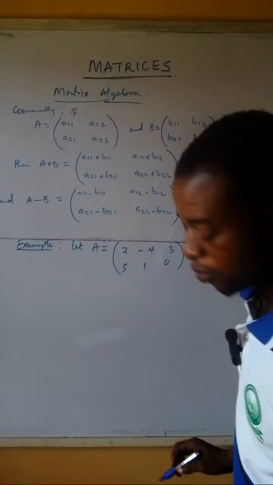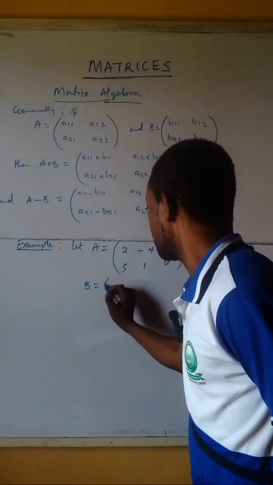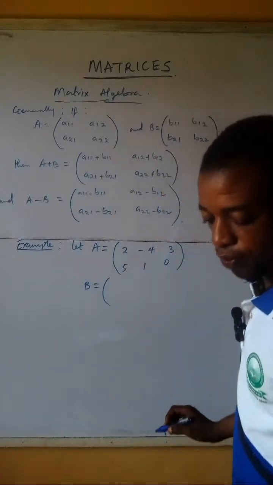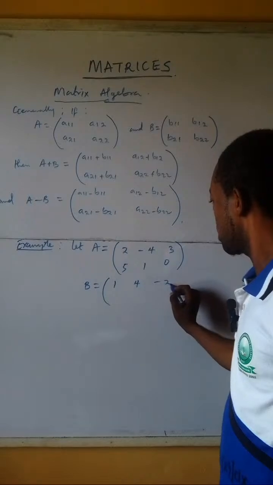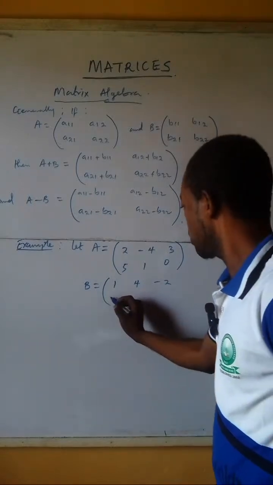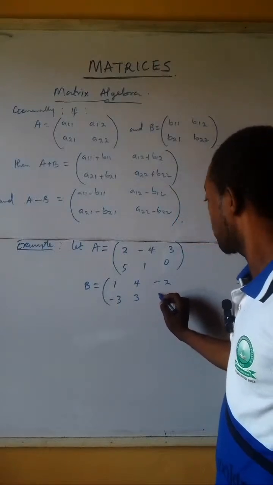Then also we have matrix B, which is given as 1, 4, minus 2 in the first row, and minus 3, 3, minus 1 in the second row.